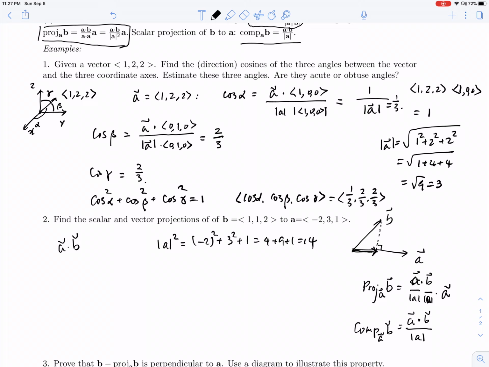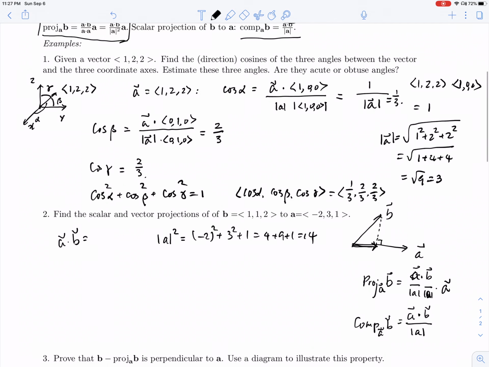What we need to do is still find the dot product. The dot product will be 1 times -2 plus 1 times 3 and plus 2 times 1. So let me squeeze it over here. That's going to be -2 and plus 3 and plus 2, and that's going to be 3.